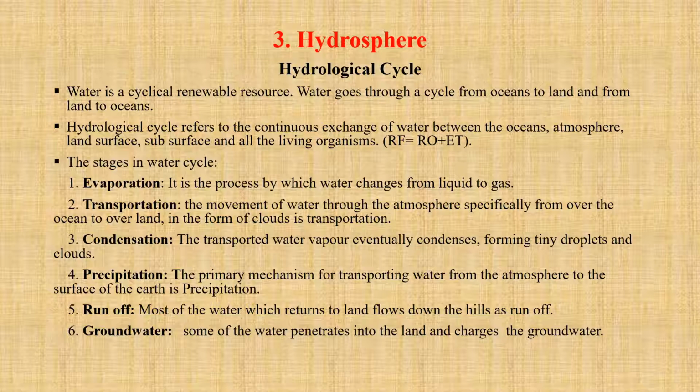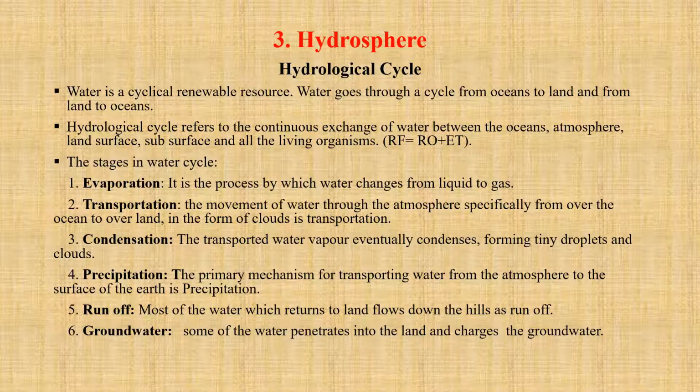Now look at the formula shown on the slide: rainfall is equal to runoff plus evapotranspiration. In simple words, RF is rainfall, RO is runoff and ET means evapotranspiration.